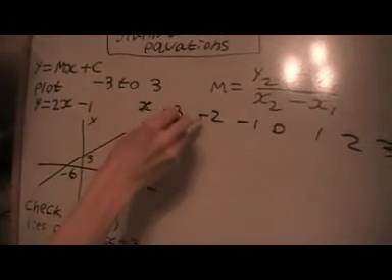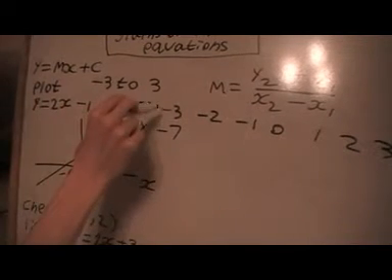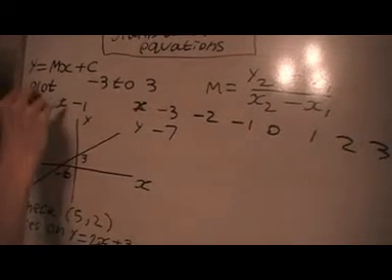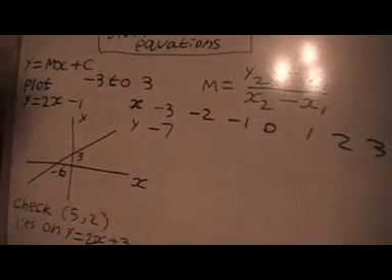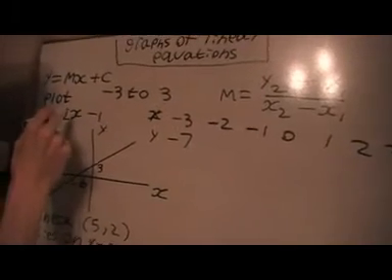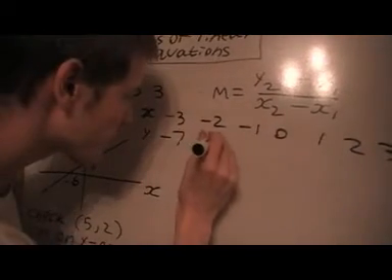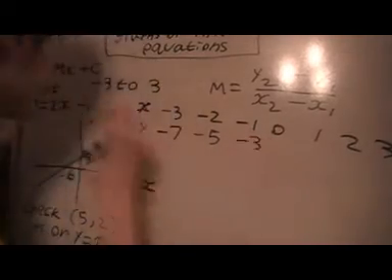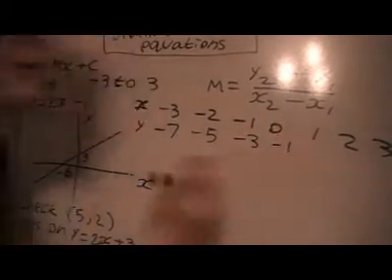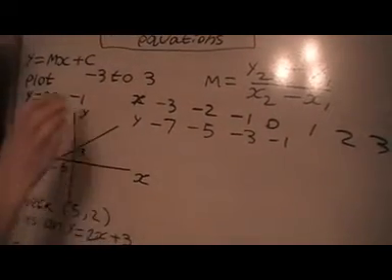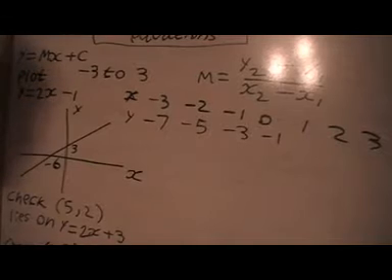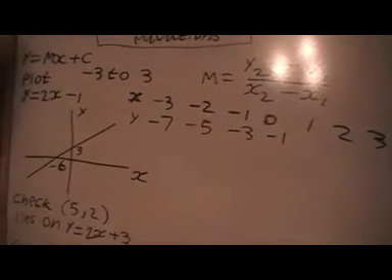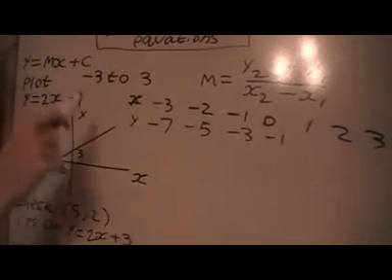Because I'm putting in these x values, so x is equal to minus 3, and when I put that in I get minus 7. So then if I do minus 2, I get minus 5. Minus 1, I get minus 3. Now I get a minus 1. I'm just calculating these really quick because it wastes time, and we know how to do this really.